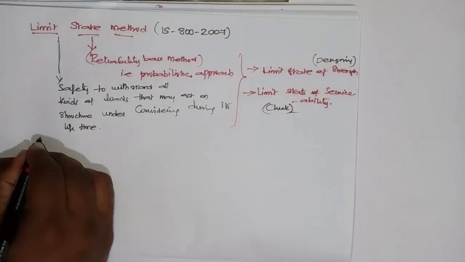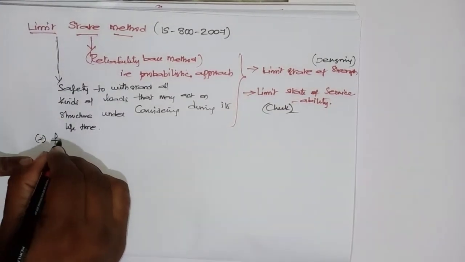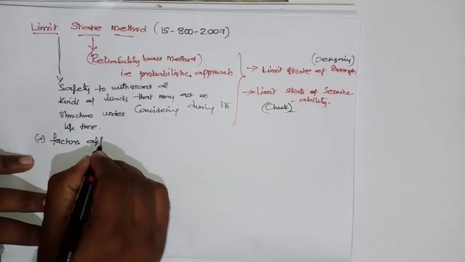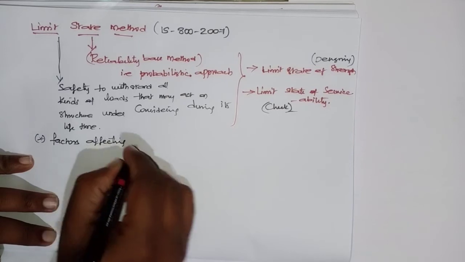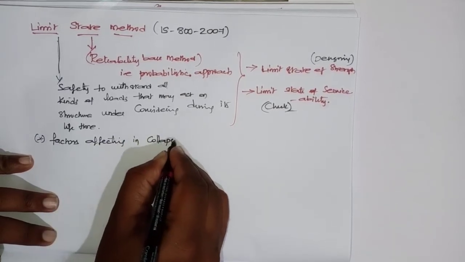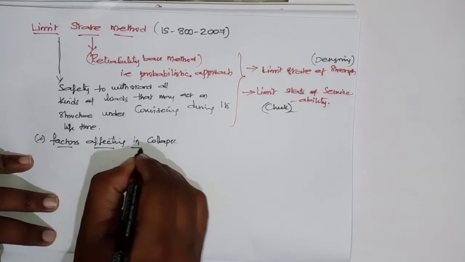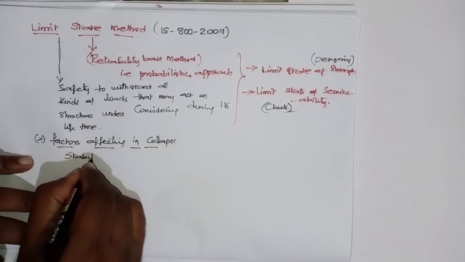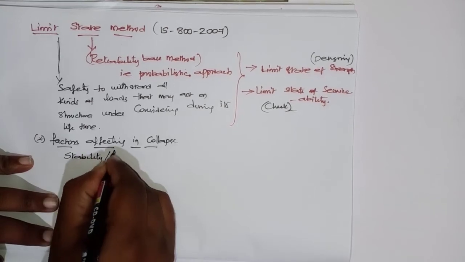So the factors affecting the limit state of collapse are stability and fatigue.